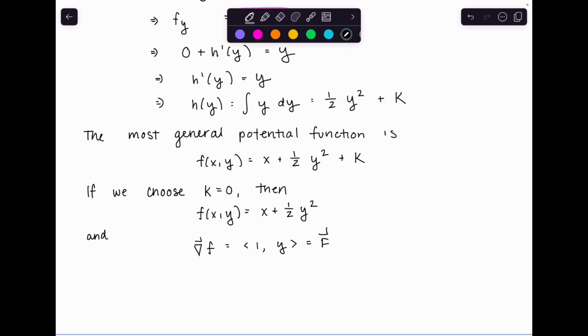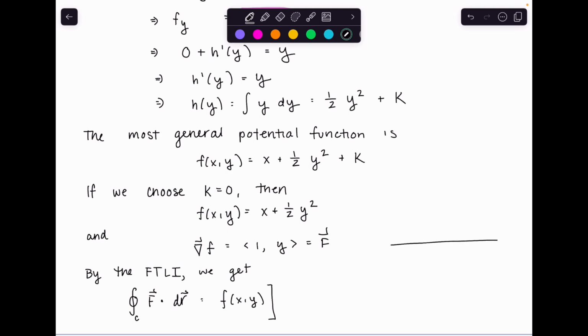So what I want is by the fundamental theorem of line integrals, we get the line integral over this curve C of f dot dr instead becomes the potential function, and I want to evaluate it at the initial and terminal point.